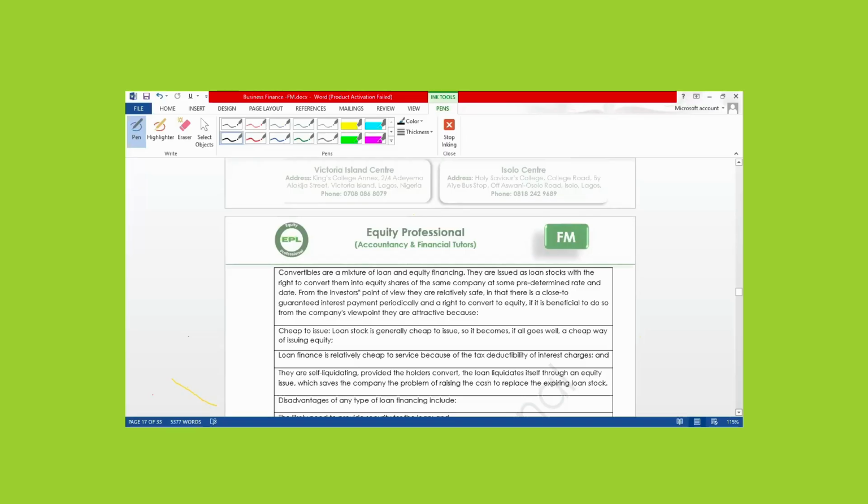Once the holder exercises the right of conversion, the loan liquidates itself through equity issues. In that case, the company does not need to worry about repayment. It saves the company the problem of raising cash to repay the loan.